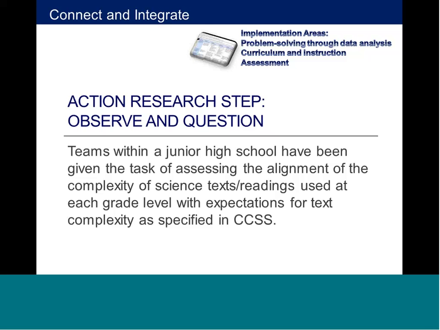Their task has been to look at whether the complexity of the texts they're using, whether in their textbooks or reading passages from other primary and secondary sources, their science reading texts, is aligned with the expectations for complexity specified in Common Core State Standards. That's a really important piece of integrating the information and the efforts. So you have a team, and that's their charge.